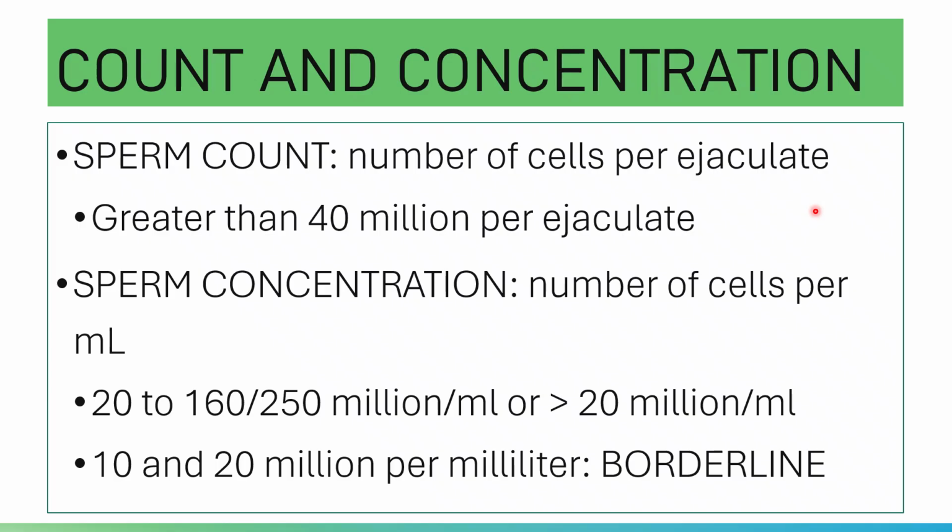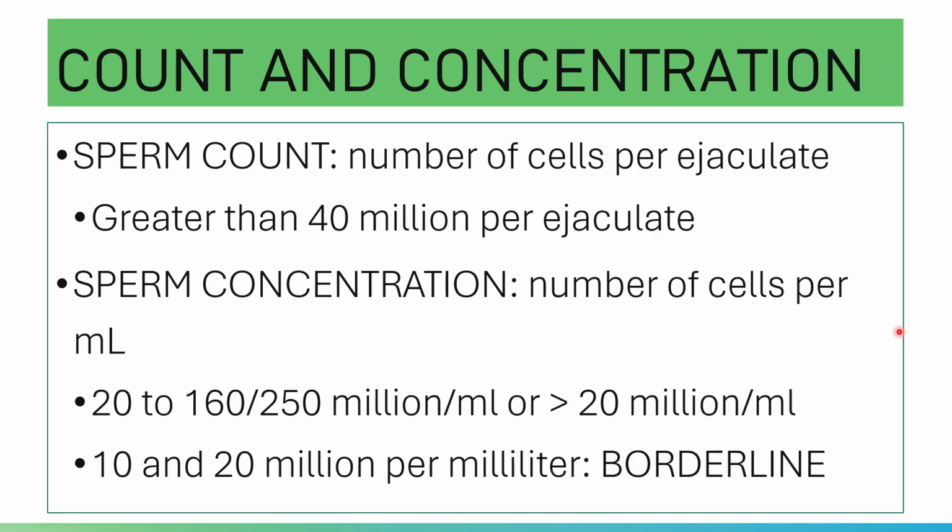Okay? Please note your sperm concentration. This is the number of cells per ml. And yes, your sperm concentration, the normal value, is 20 million to 160 million, or 20 million to 250 million per ml.